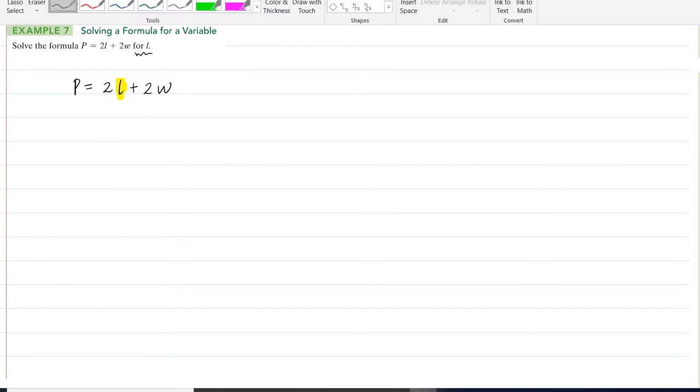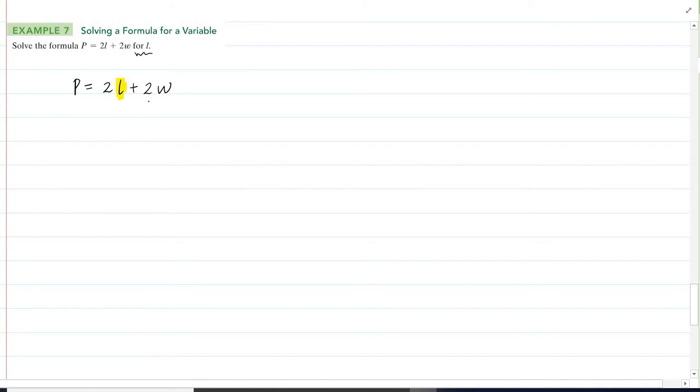So here's what we're going to do. In the past, you learned this before. If P is just a constant number, let's say P is 4, and you have your L in this form, then we have 2 times, let's say W is 3. So you know how to solve this, right?